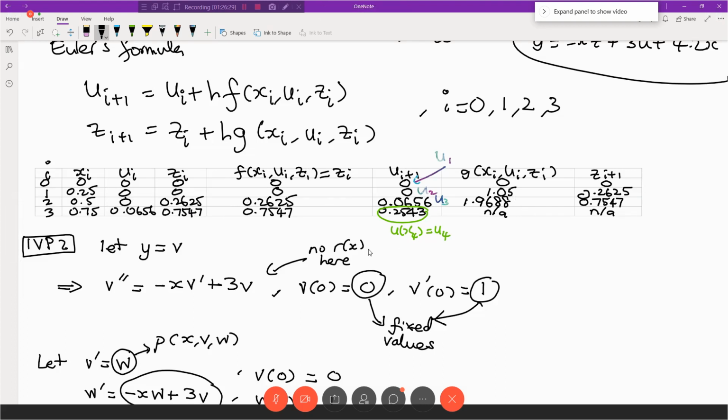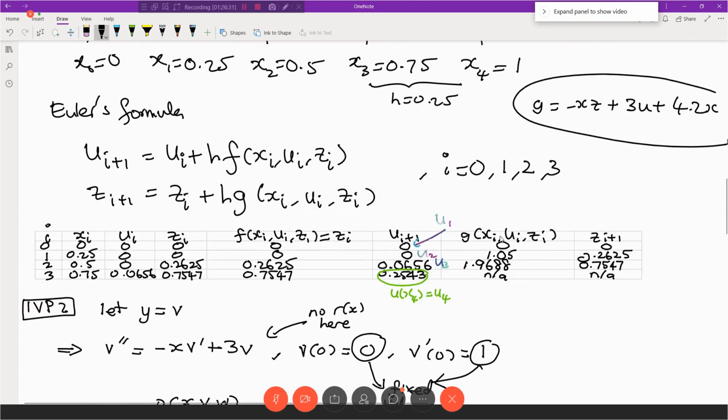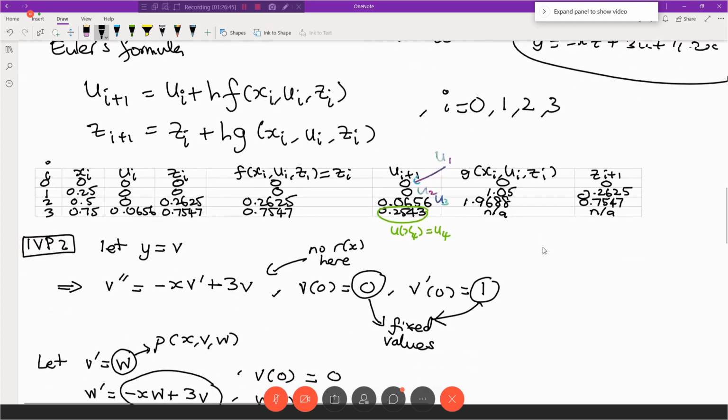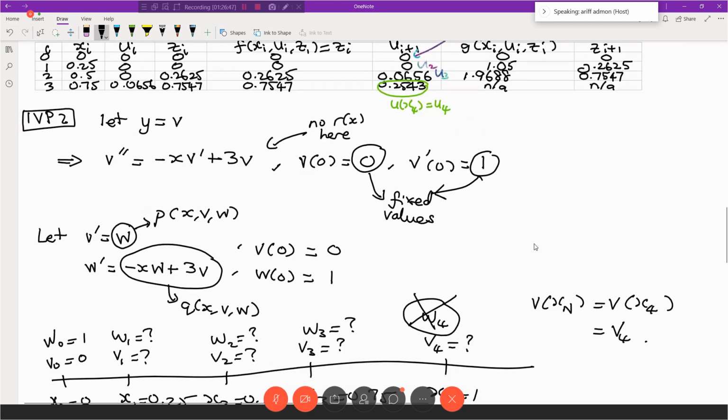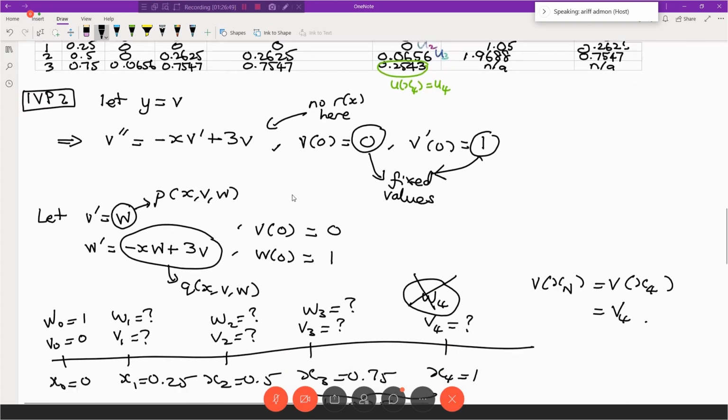most appropriate, because when you want to calculate g, x, u, and z here, you need all three values here. If you don't have the values here, maybe it's quite messy when you need to find another place for the value of x and u and z. So for IVP2, once again, no Rx.